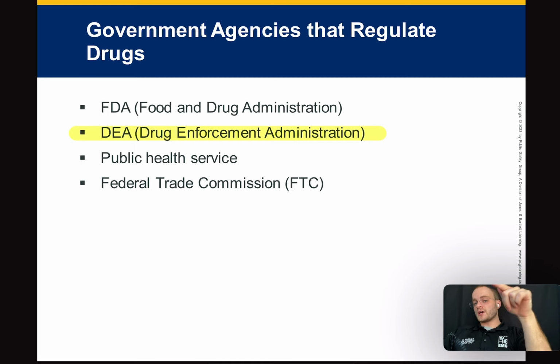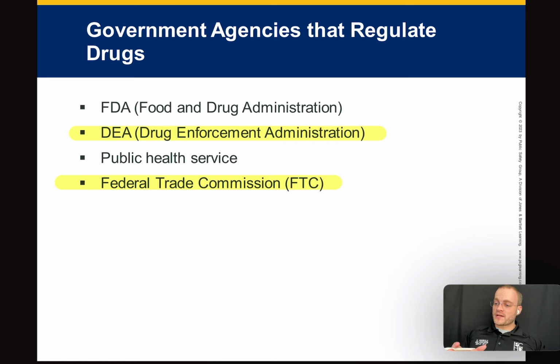I don't know if he's settled or not, but anyways, the Public Health Service and the FTC. So the Federal Trade Commission protects consumers from federal trade crimes, like fraud or deception, especially of publicly traded companies. They'll go after bad actors. If a pharmaceutical company lied in their clinical trials, or misled consumers, then they're probably going to have the FTC come after them.